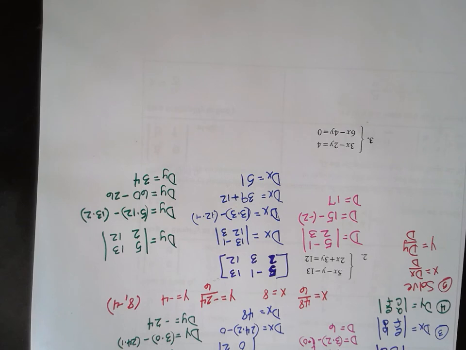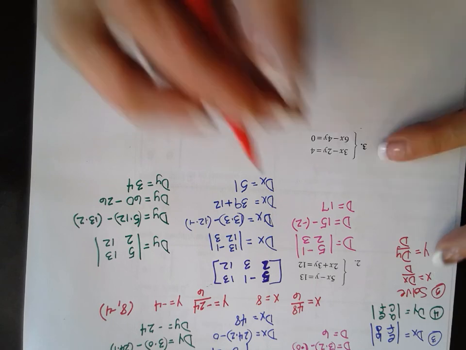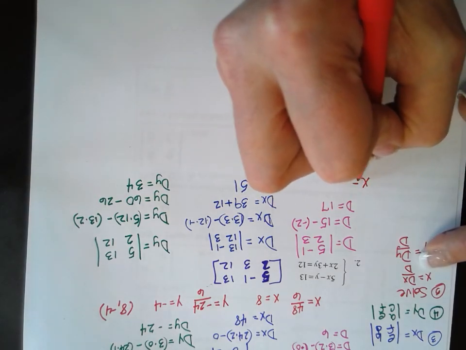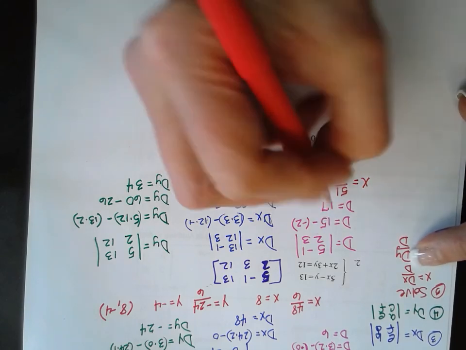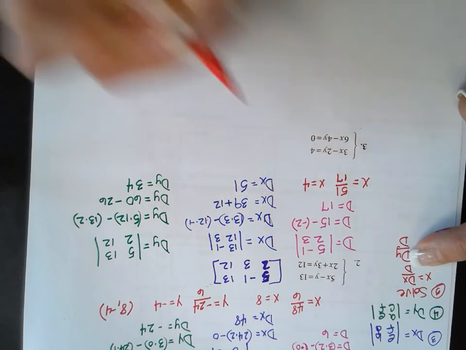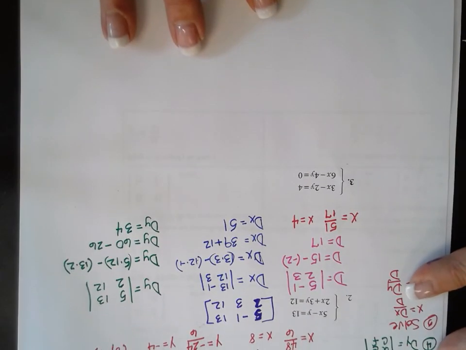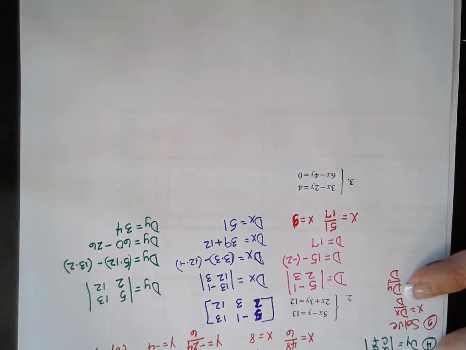And let's solve for x and y. Good? Are you all with me? So x is the determinant of x, so 51 divided by the determinant, which is 17. So x is 3.